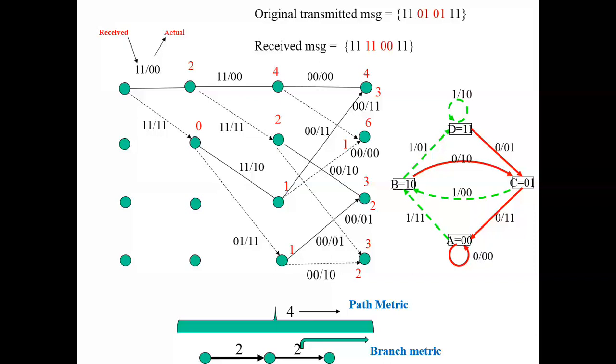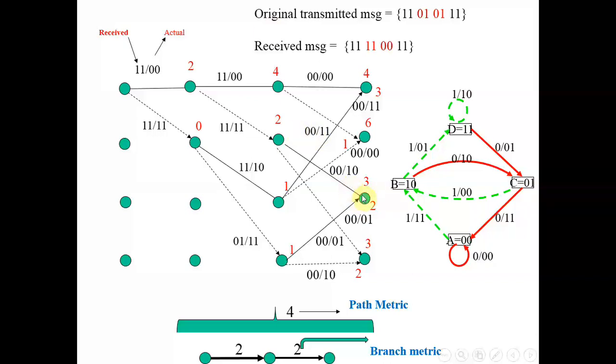Then which one to eliminate? Then just toss a coin and select whichever path you want. Your decision may be correct or may be incorrect, but that is the only answer. There is no logic as to which path should be taken, right? So just toss a coin and see which path you are going to retain. In the final answer you may get a corrected code word or you might get an incorrect code word, because that is a critical situation which has no direct answer.